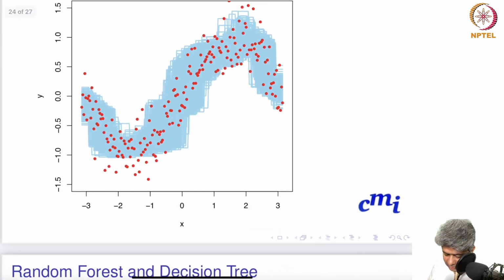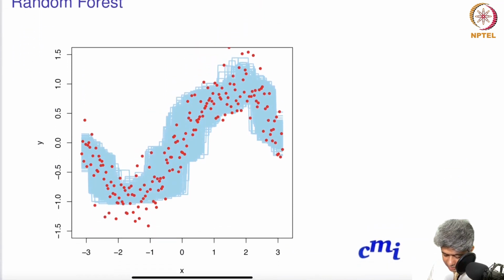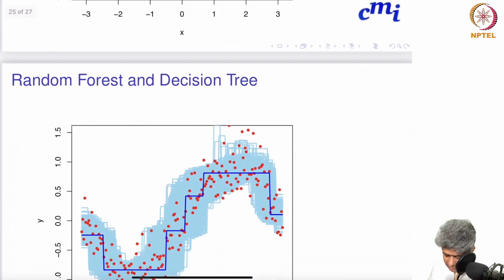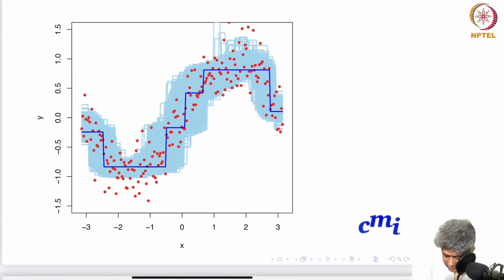So here is an example of a random forest, and here is an example of a decision tree plotted over there.